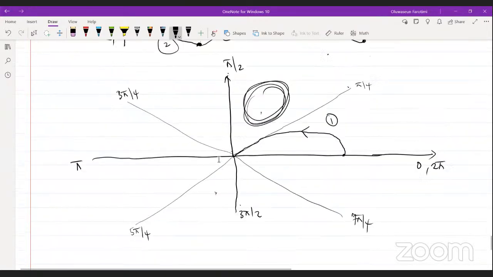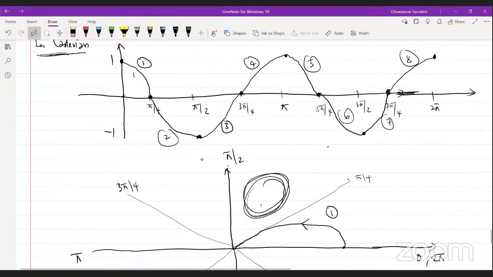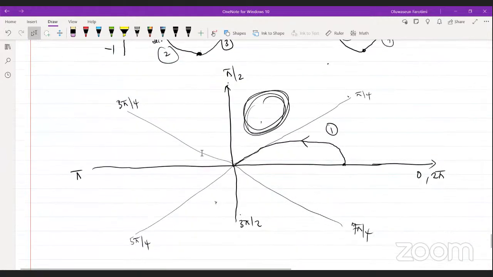Now, let me explain again, guys. This is decreasing. From 0 to pi over 4, decreasing, you start from here, you collapse it to 0, okay? But mind you, R is positive. Now, we're moving to number 2, from pi over 4 to pi over 2, decreasing, however, R is negative. When R is negative, it flips to the other side, okay? So R is only positive here, right?